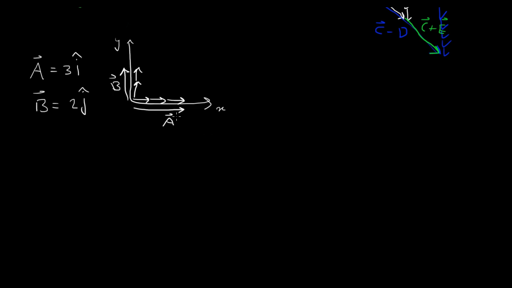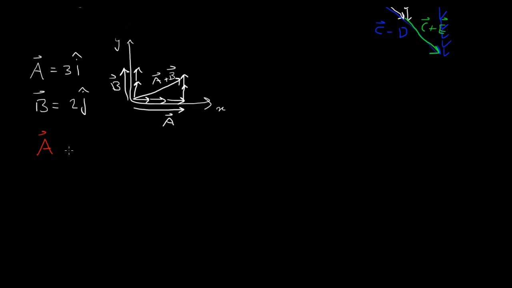Now if I'm going to add them, I can simply write B at the end of A, and then start from the beginning of A to the end of B. So this is A plus B. Let's say now I'm going to subtract.